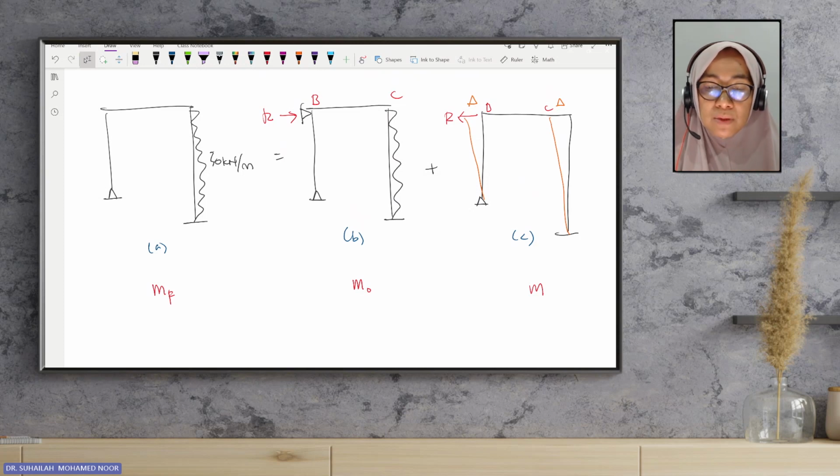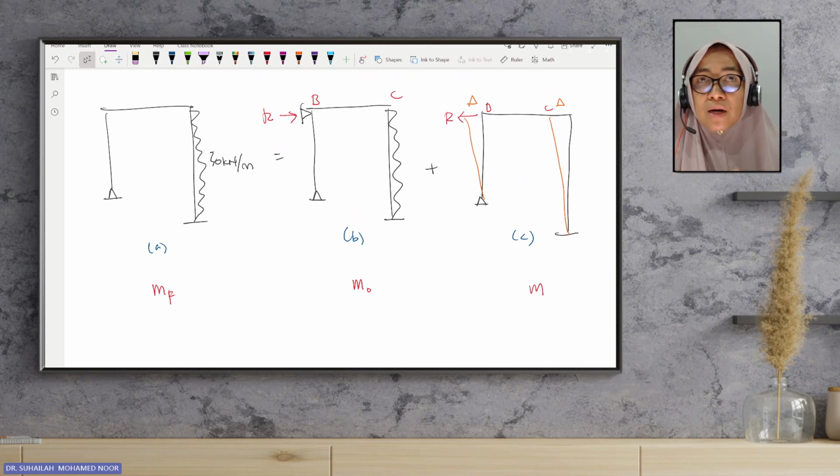End moment in A is the final end moment. End moment in B is the end moment M naught from table 1, and end moment for diagram C is labeled as M, and we do not know the value.